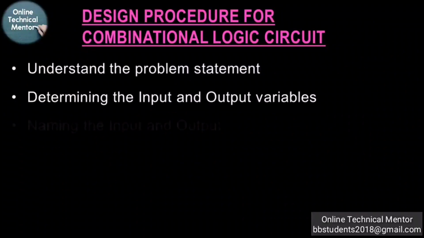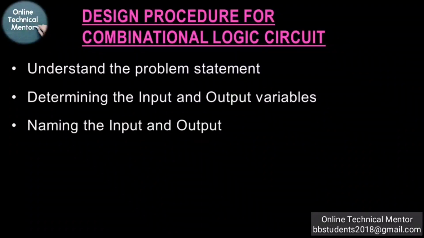Now, naming the inputs and outputs. At the time of designing a combinational circuit, you need to assign or label the inputs and outputs with some letter or symbol as you wish. Suppose a combinational circuit has 3 inputs and 1 output. Then you can name the 3 inputs as A, B, C and the output as Y.